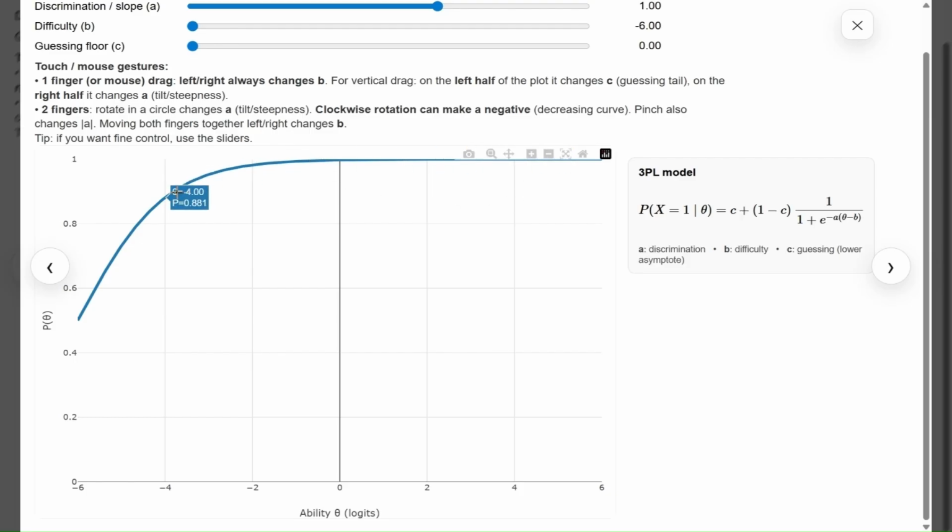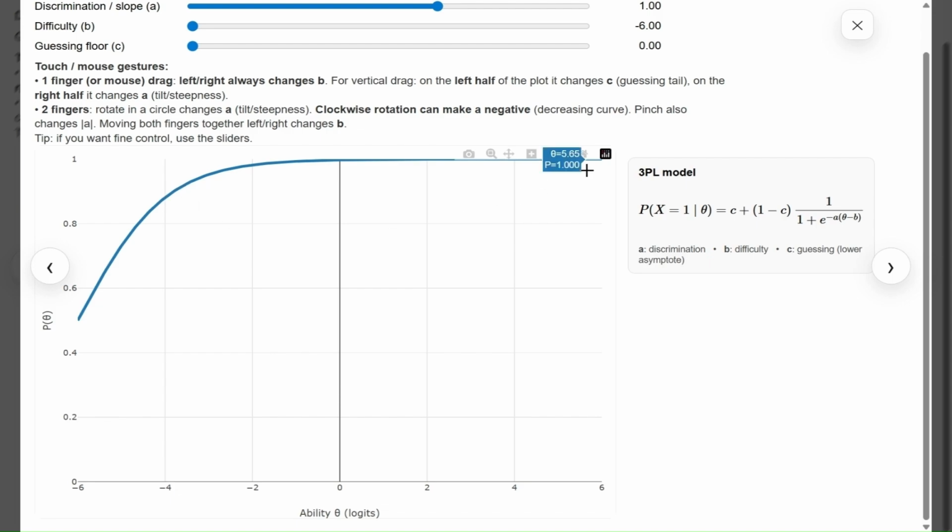You will see a roofing effect. Like a student at -4, which is quite low ability, still can answer the question with 0.87, an 87% chance. So this is pretty much easy.